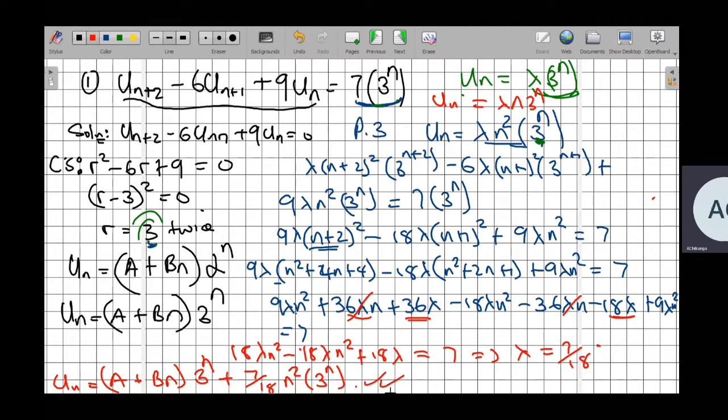That's your final answer. All right? Make sense? Now I'm not doing the part of finding a and b, because that is straightforward, you're going to use the initial conditions that are on the board there. u_0 is equal to 1 and u_1 is equal to 4. That's all to find a and b.